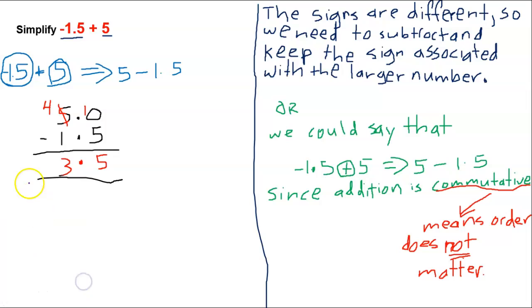Therefore, negative 1.5 plus 5 equals 3.5.